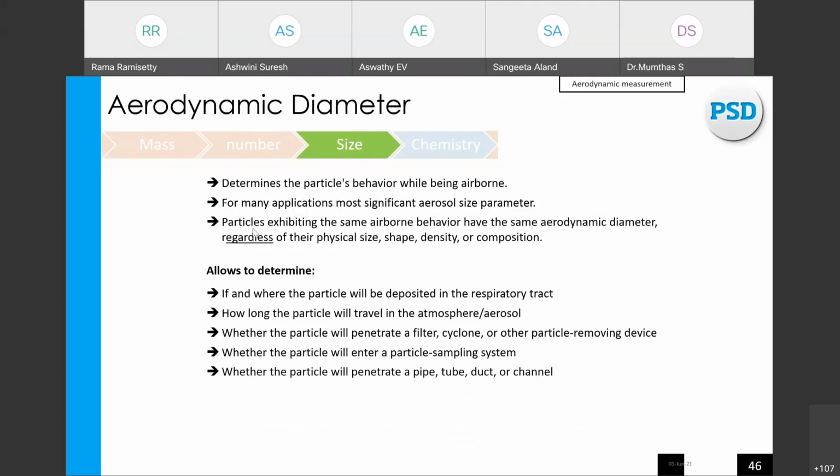Particles exhibiting the same airborne behavior have the same aerodynamic diameter regardless of the physical size, shape, and density of the composition. So you don't need to make assumptions when you are measuring aerodynamic diameter.